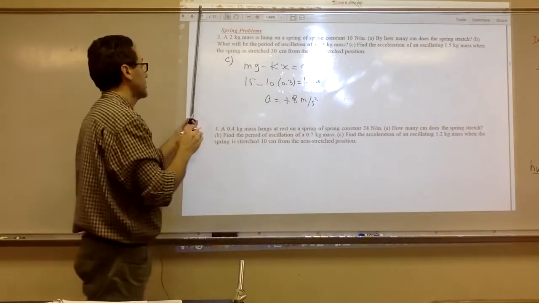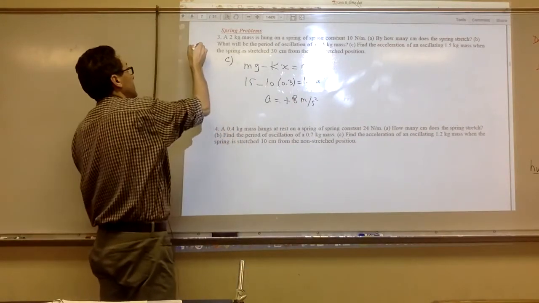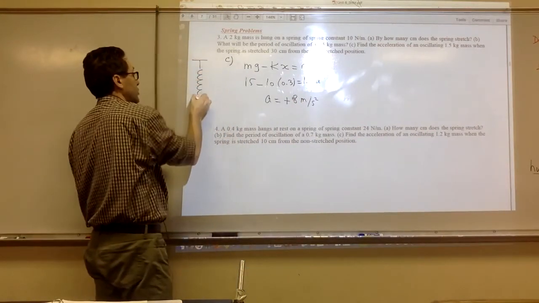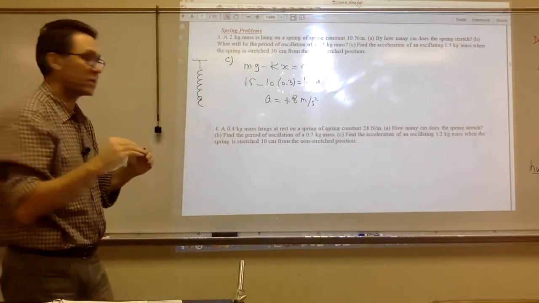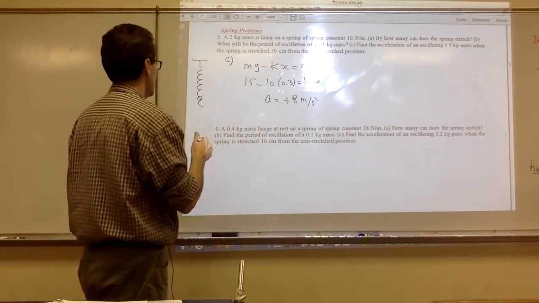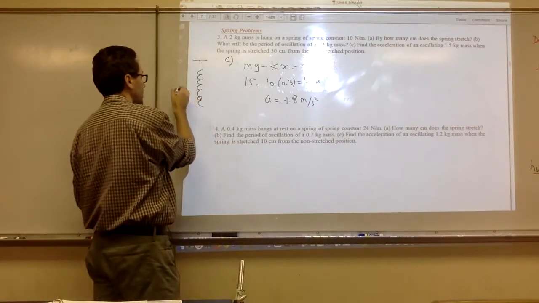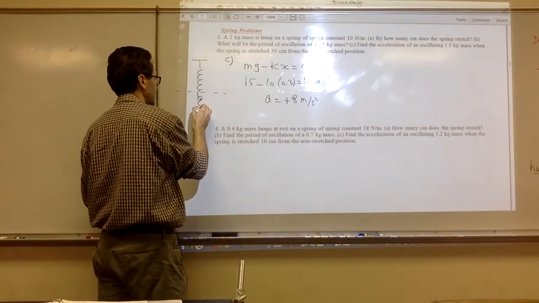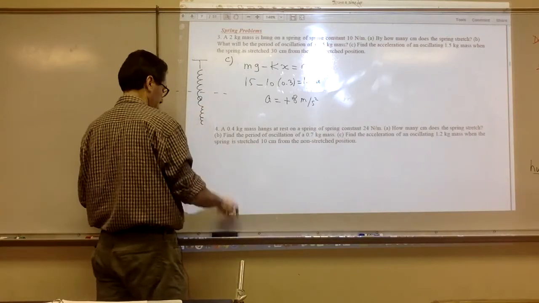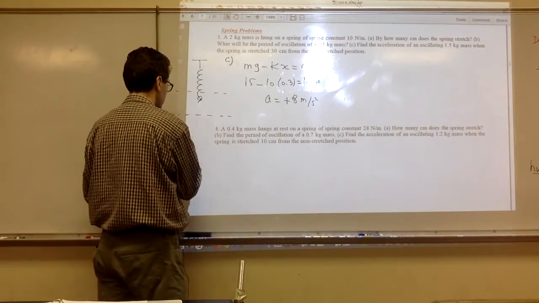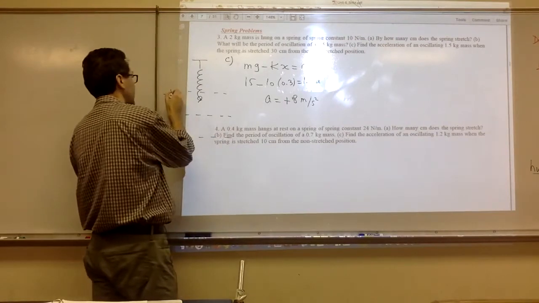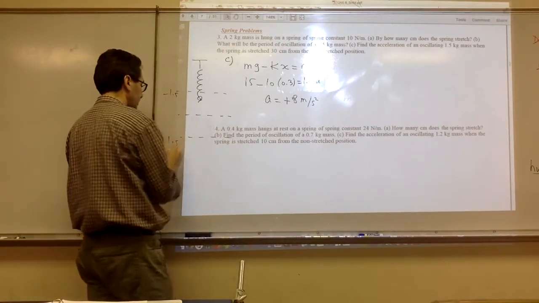Another approach that we could do is, well, this is the spring, which is long, but it would be helpful if we know the equilibrium position, and if we stretch from the equilibrium position. So it would be something like this. This is the equilibrium position. So basically this is negative 1.5 and this is 1.5.